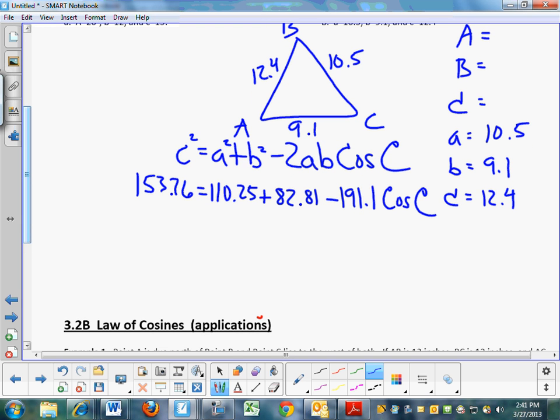Here we go. That's what we got. Now we're going to have to subtract the 110, subtract the 82, then divide off the 191. In fact, we're going to have to divide off a negative 191.